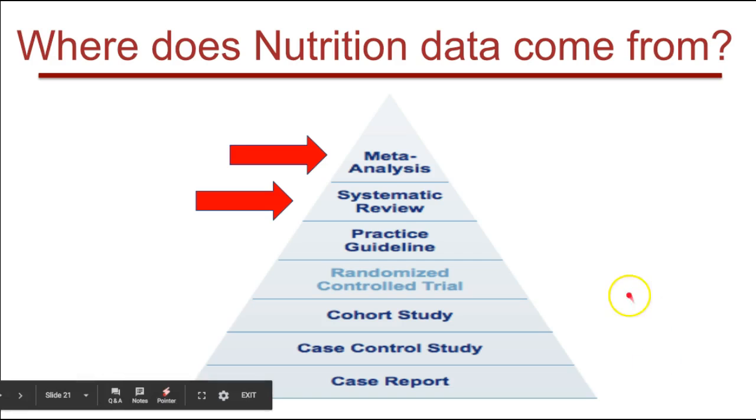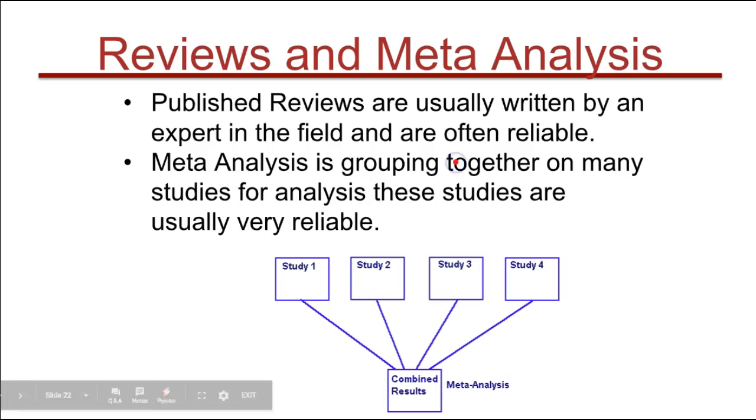Last of all, nutrition data comes from systematic reviews and meta-analysis. Systematic reviews are published reviews that are usually written by an expert in the field, and often these are very reliable peer-reviewed papers, publications with great information on nutrition. And lastly, meta-analysis. This is the top of the pyramid. Very reliable studies.